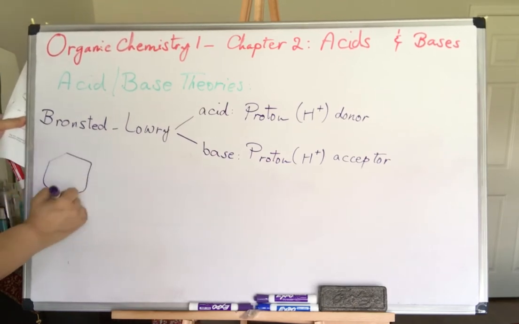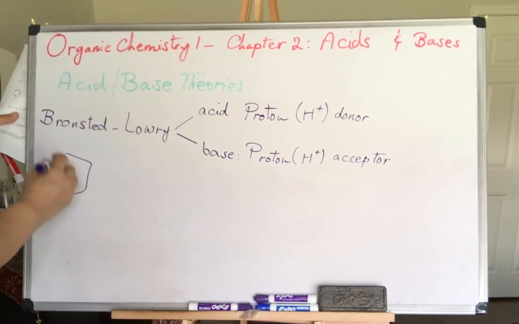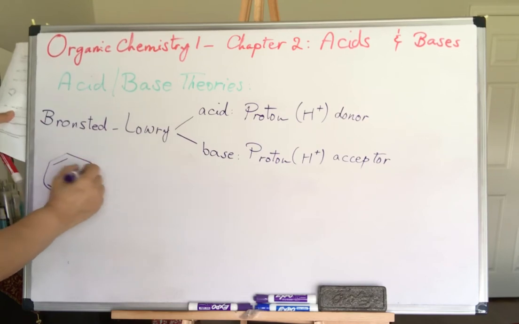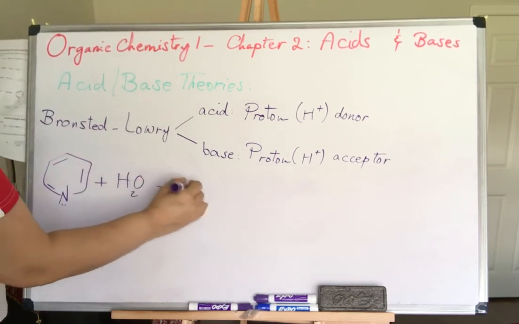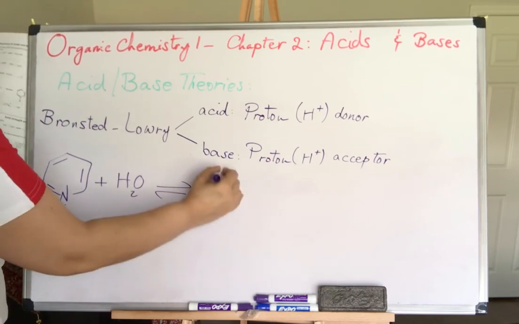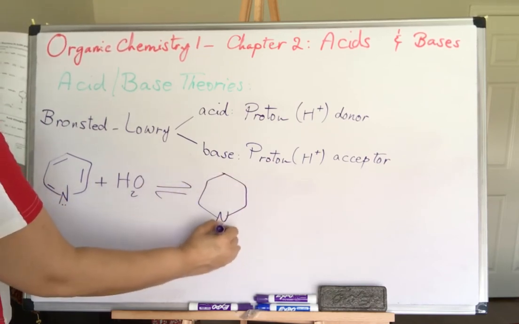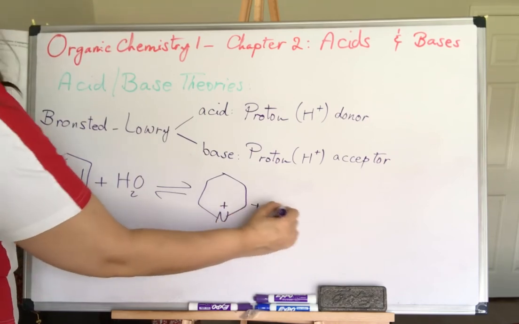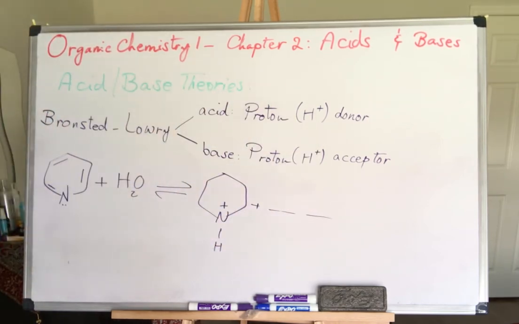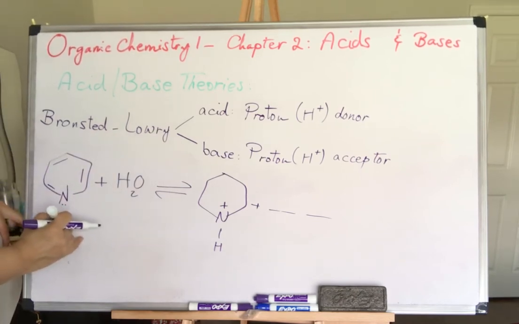Again, another nitrogen-containing compound. I told you nitrogen-containing compounds, if they don't have extra hydrogens, they will definitely be the base. So this is what has happened here. This compound has accepted the proton, so acts as a base.